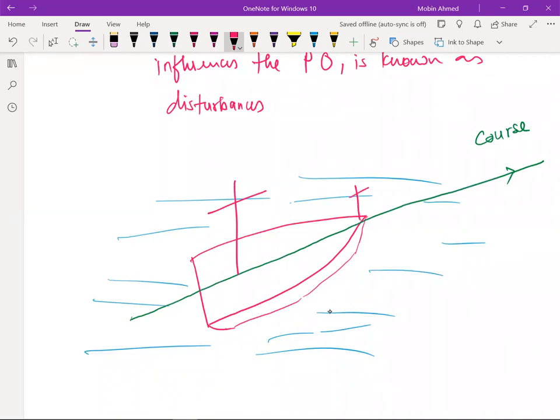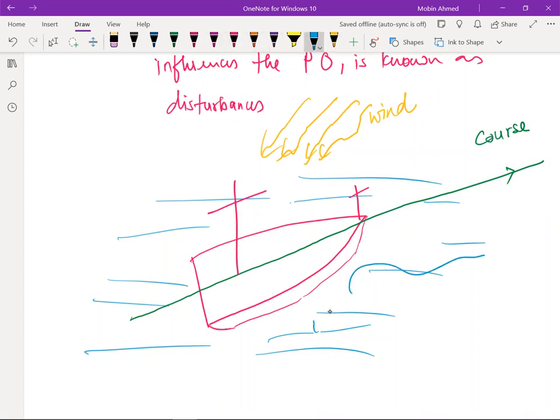Okay, now if there is a wind that is going to flow from this side, so there is a wind. Okay, and this is the direction of the wind. Then suppose there is a swell.